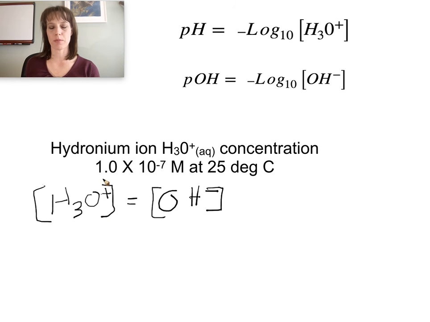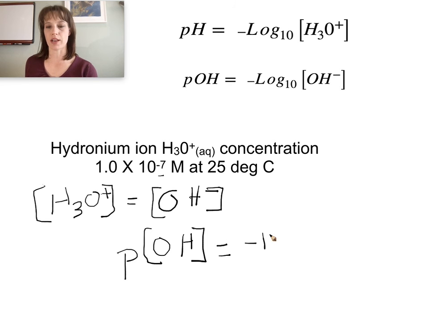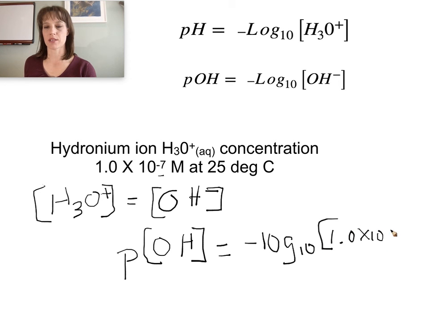So when we have a pH of 7 of pure water, we can also use the same calculation for pOH, because we know there is one hydronium ion for every one hydroxide ion, and that's the negative log base 10 of the same 1.0 times 10 to the negative 7th molar, and from the calculation before, that is also 7.